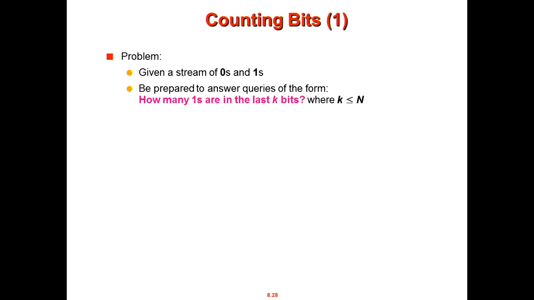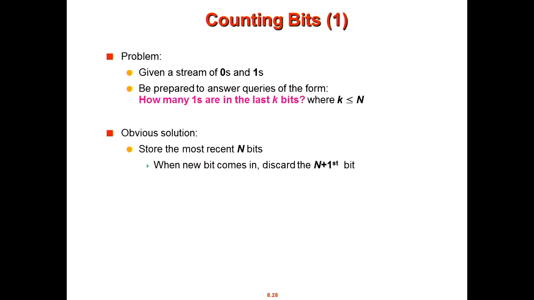So the problem here is that, given a stream of 0s and 1s, your task is to answer queries of this form: how many 1s are in the last k bits within the n most recent elements? So k is smaller than n. One naive solution is that you just store all the most recent n bits.